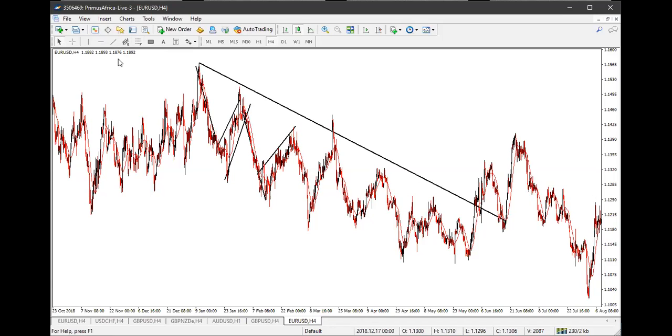Remember, I showed you a falling wedge, but this is now a rising wedge, and the market goes down again to give you a lower low and a rising wedge. Forget about these candles, they are just traps.